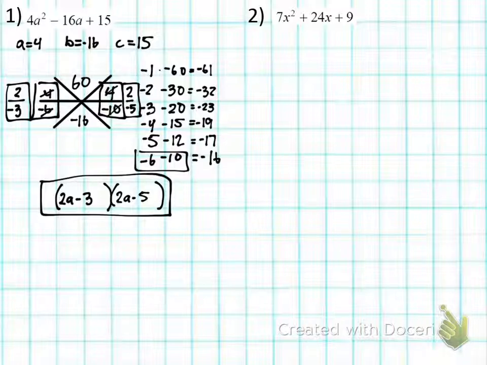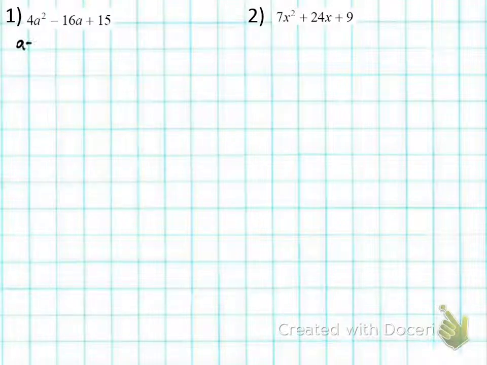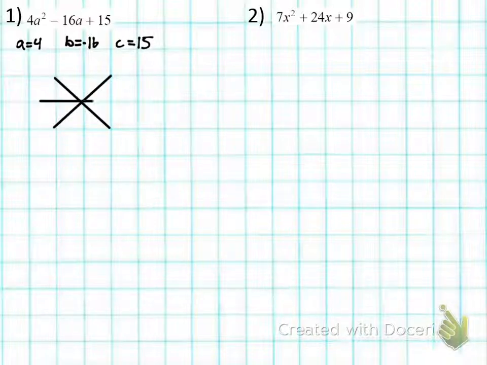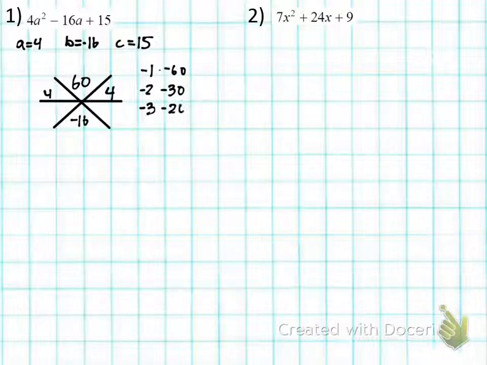So what did I just do again? First thing I did is I figured out A, B, and C. Then I made my X box. Put in A times C, which is 60, and B, which is negative 16. I'm writing down the factors now of what multiplies to positive 60 but adds up to negative 16. I know I need to use negatives.